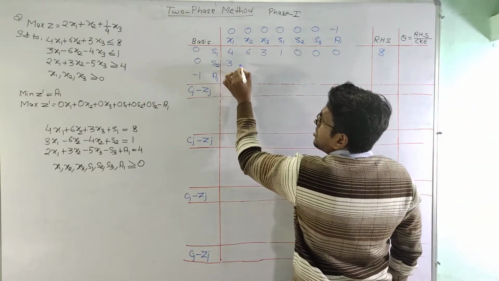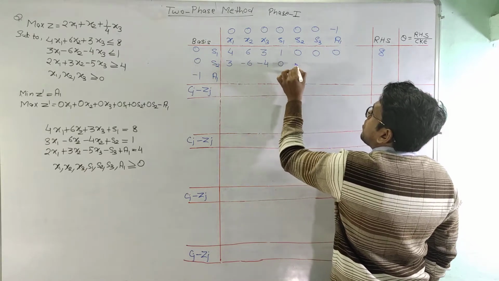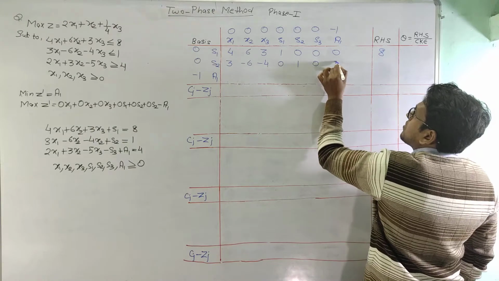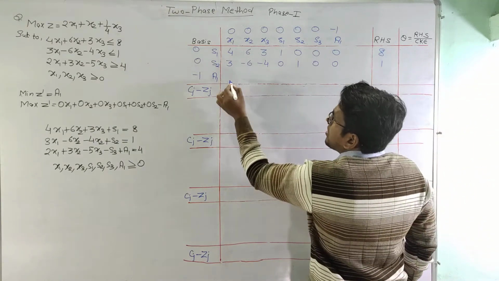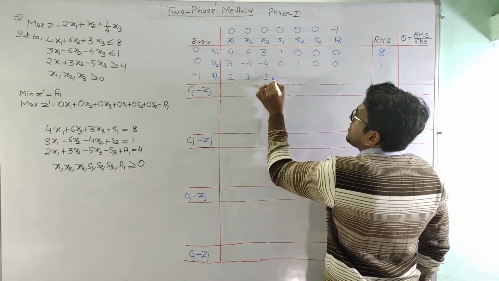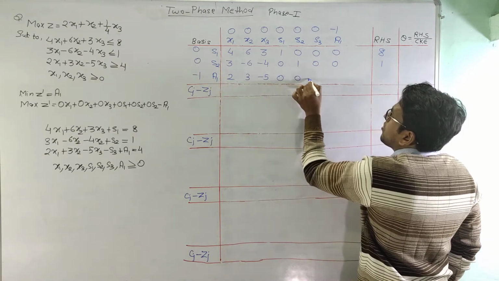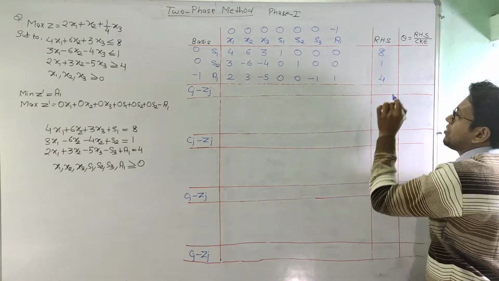Similarly 3, minus 6, minus 4, 0, 1, 0, 0 equals 1. Similarly 2, 3, minus 5, 0, 0, minus 1, 1 equals 4.